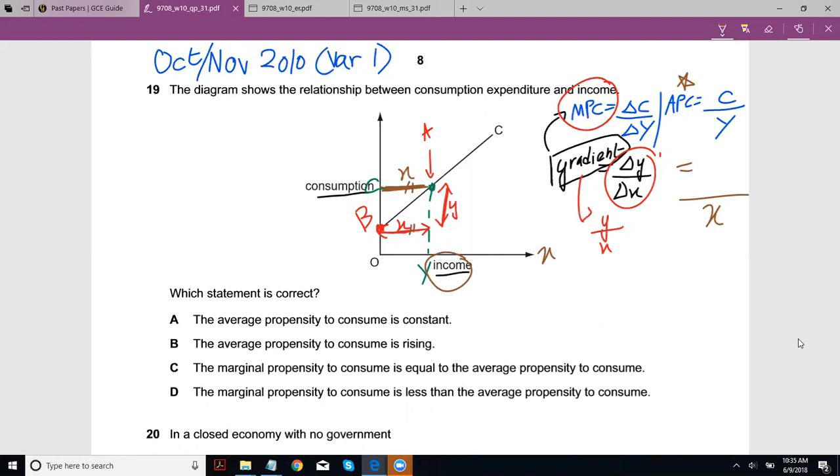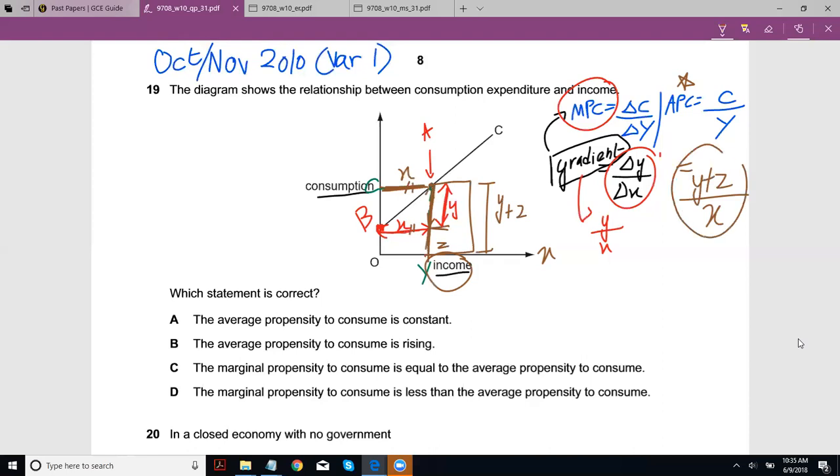However, in the numerator, for your MPC you only had this much, but for your APC you have all of this. This vertical distance. So it was y till this point, and let's call this point z. So your APC would be y plus z. This entire distance being y plus z. Diagram got a bit messy, but hopefully it makes sense.